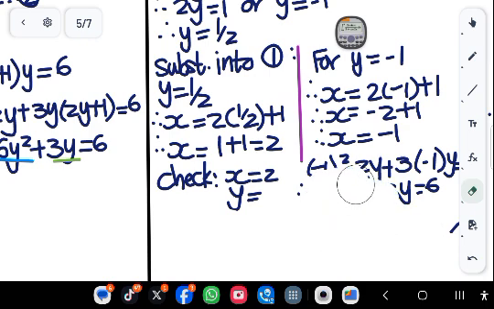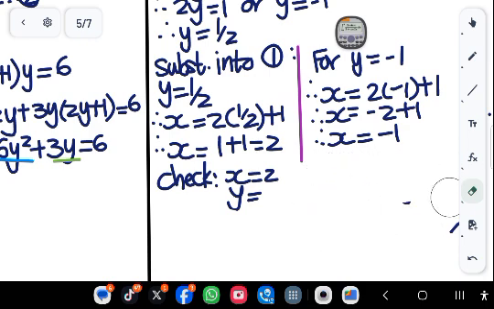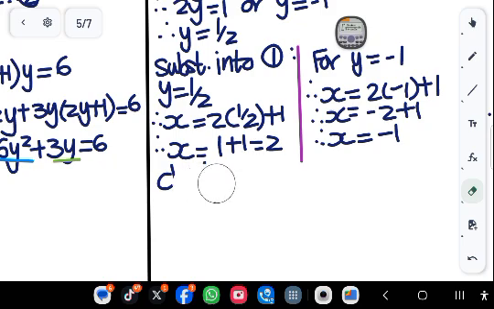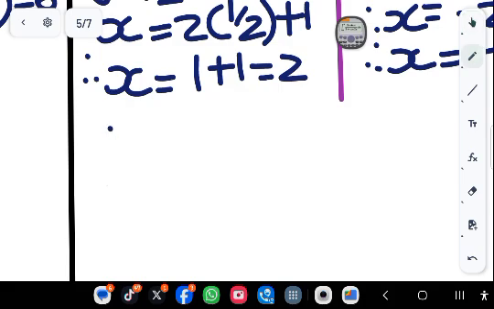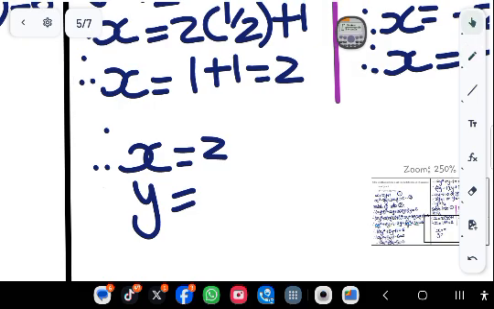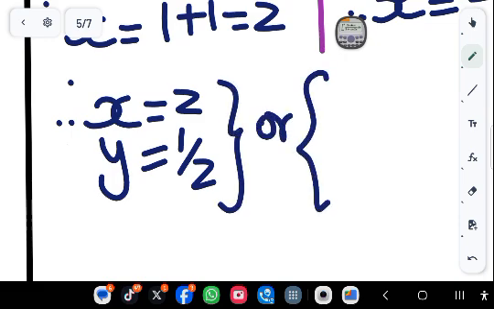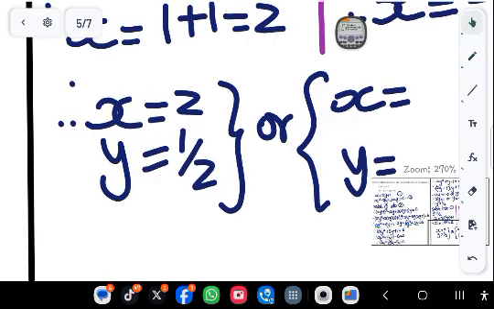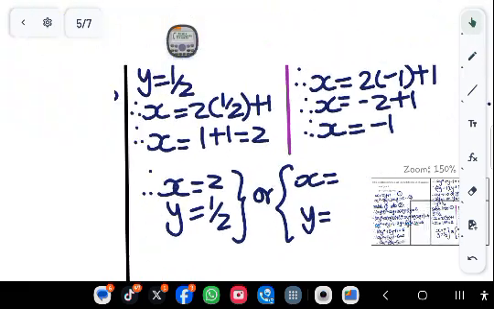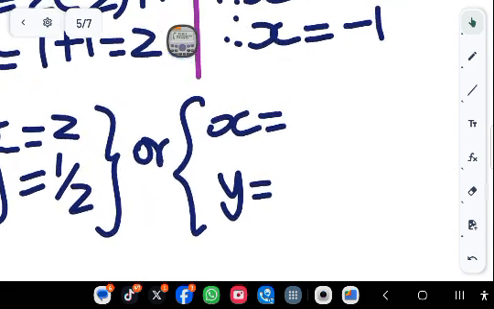We now write our final answer. Okay, I'm removing this so that I can have space to write. Not that you need to remove it. Therefore, x equals 2 and y equals a half, or x equals -1 and y equals -1.